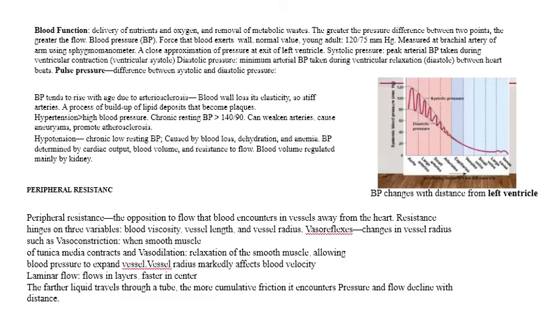So the blood vessel will lose its ability to constrict and relax according to the sympathetic and parasympathetic system. This is a process of buildup of lipid deposit inside the artery, and we call it, as I said, atherosclerosis.